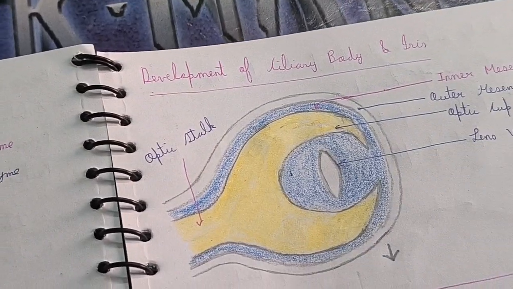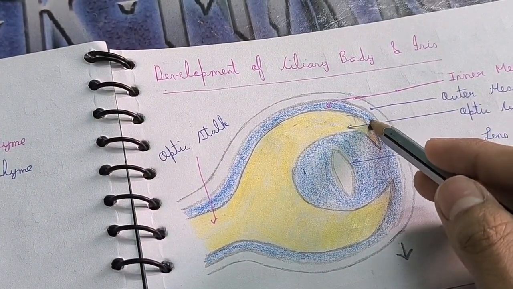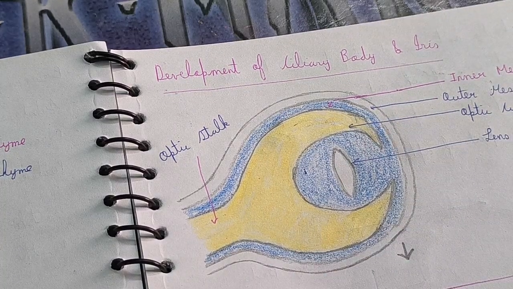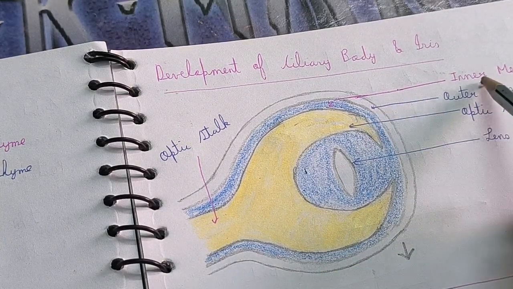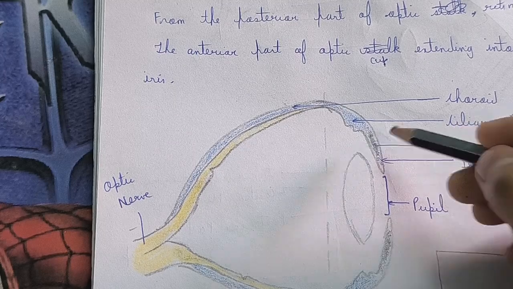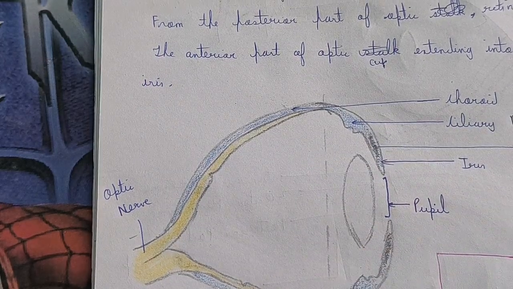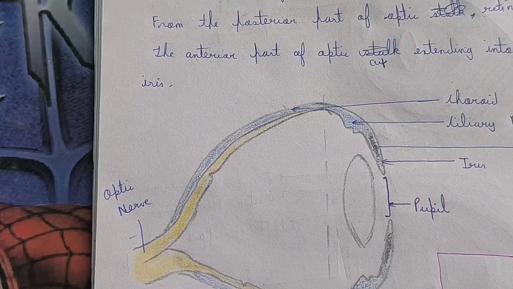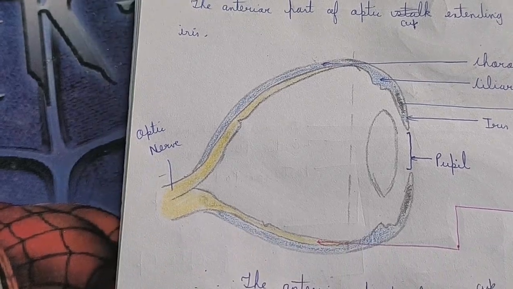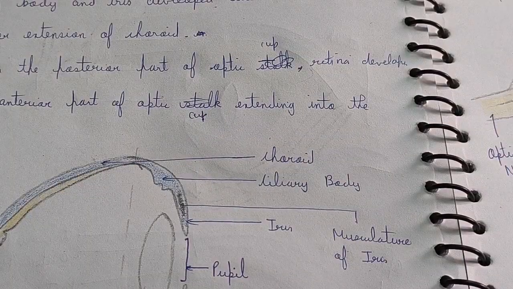The ciliary body is also formed from the inner mesenchyme, whereas the iris is formed from the inner mesenchyme and also from the anterior part of the optic cup, which is neuroectoderm, so the iris is both mesodermal as well as neuroectodermal in origin.